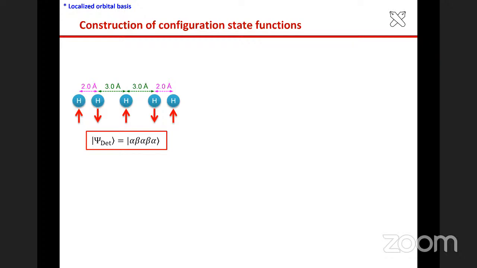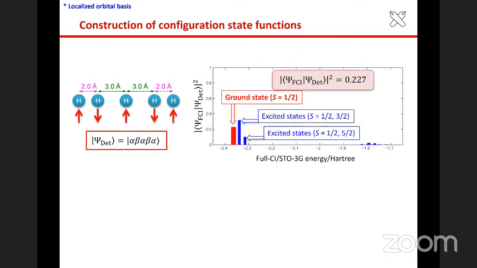But if we use this single determinant wave function in the quantum phase estimation, what we obtain is something like this. The horizontal axis is the full CI energy, and the vertical axis is the overlap with the full CI determinant. This is the ground state we want to calculate.